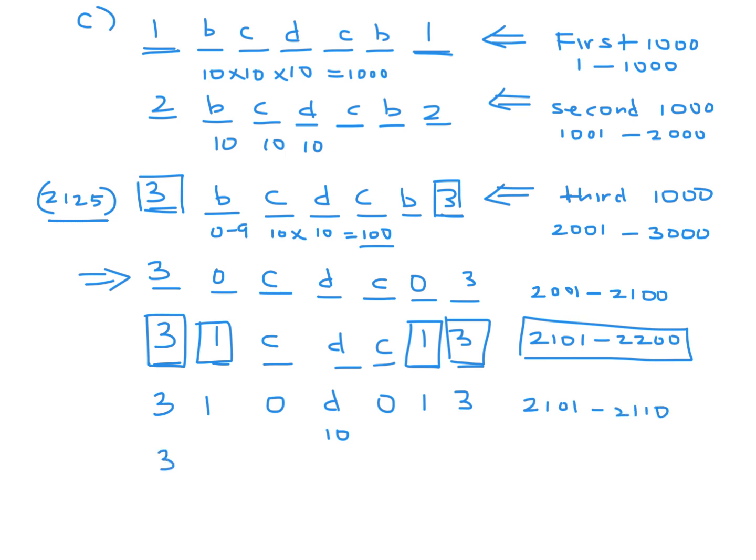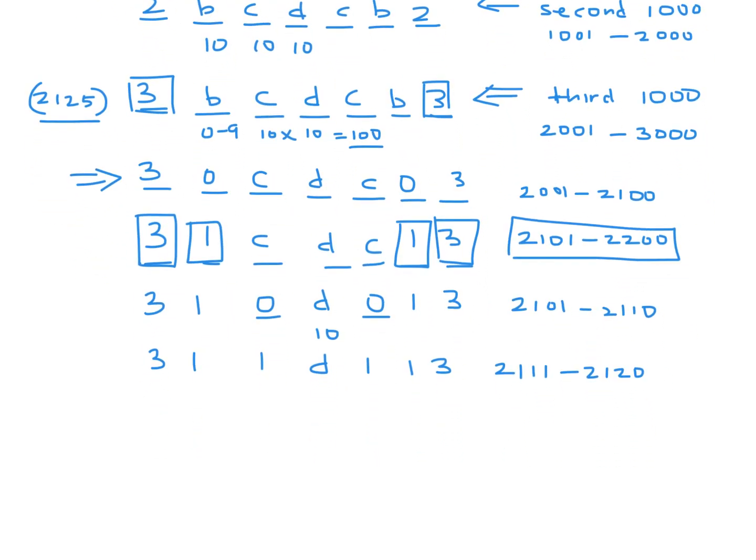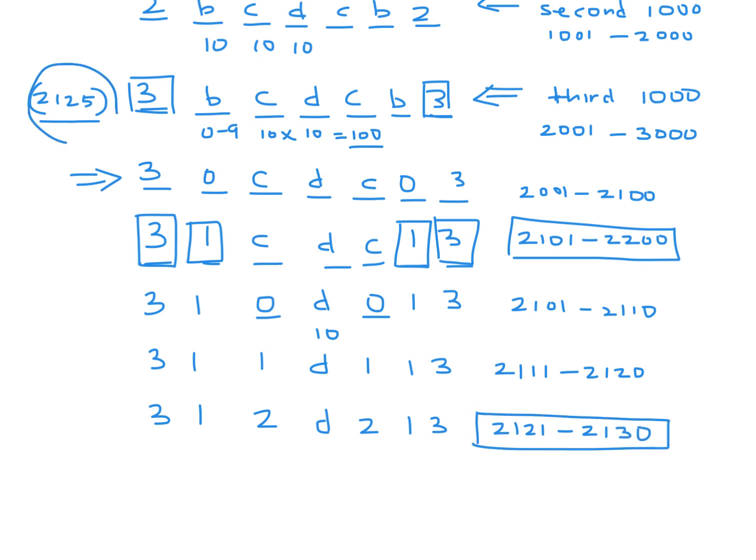And then if this C is 1, then these would be 2111 to 2120. And then if the C is 2, then it would be 2121 to 2130. And this is the range in which the 2125 lies.